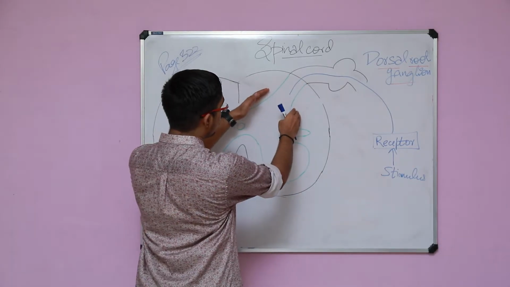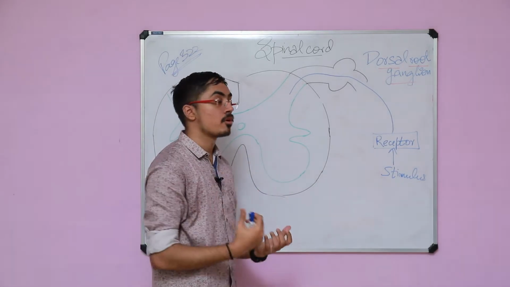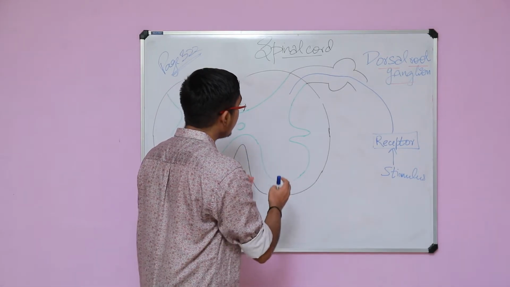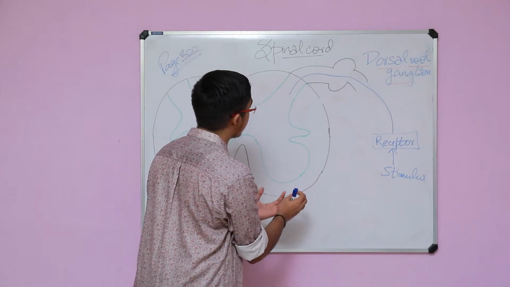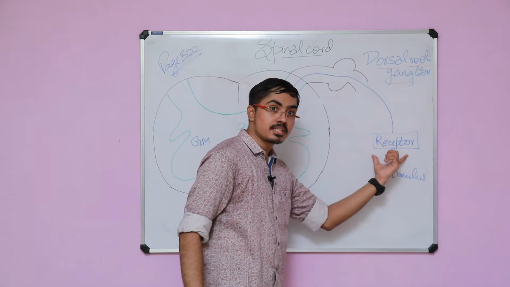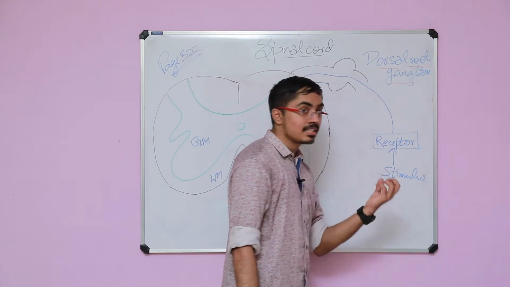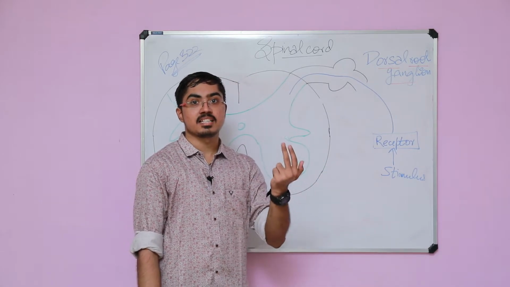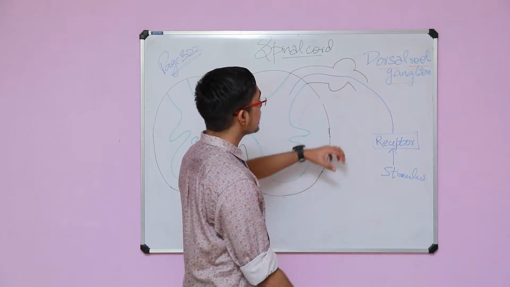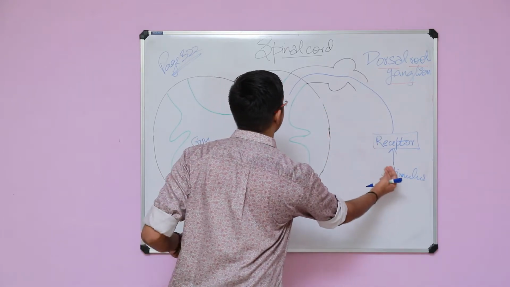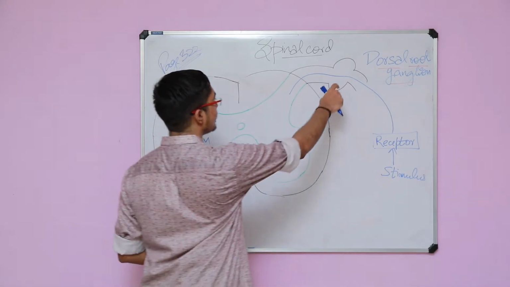So the dorsal horn is responsible for collecting all the sensations from the body, from the skin receptors and all the other receptors, right. It collects touch, pressure, deep pain, superficial pain, whatever sensory modalities are present, everything is collected by the nerve which passes through the dorsal root ganglion into the dorsal horn, right.